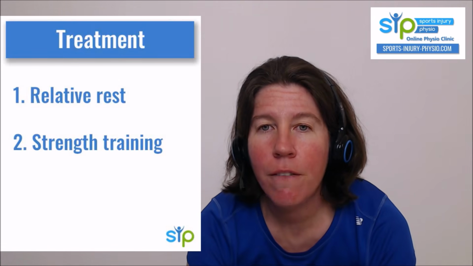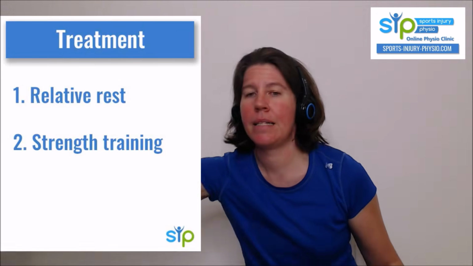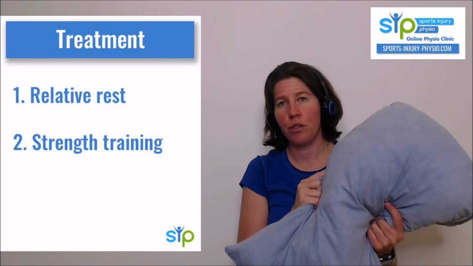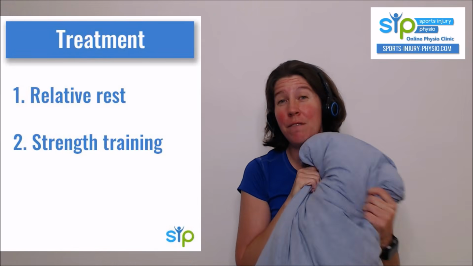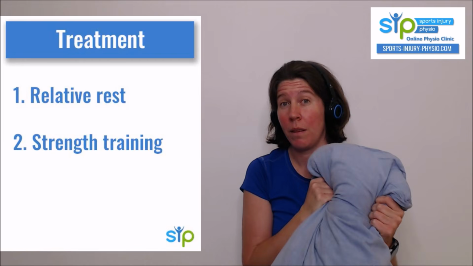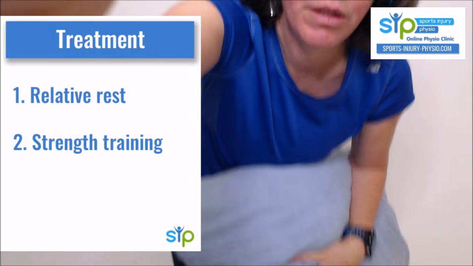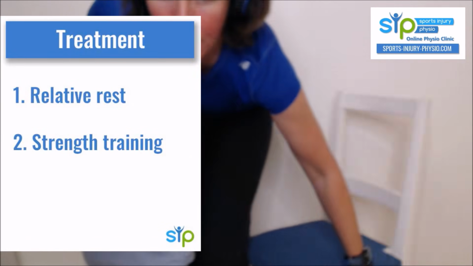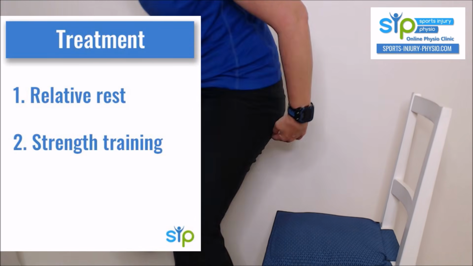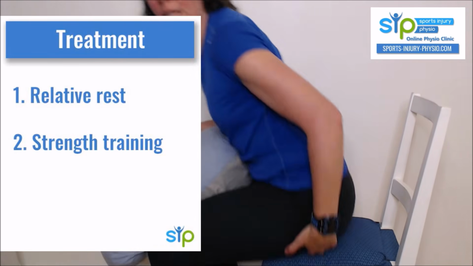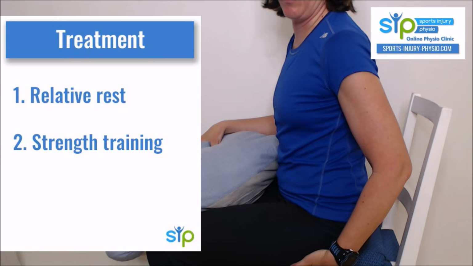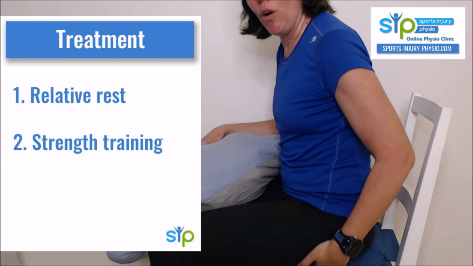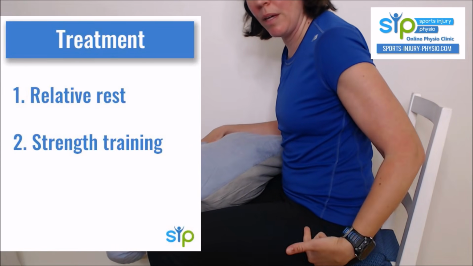Something that I find useful is using a very soft cushion. Ideally, I find feather pillows or feather cushions are the best. This one's not a feather one, but I'm going to bring this down so you can see the seat. If you think of the sit bone as being there, when you sit on it, it's directly underneath you. You want to take the pressure off that sit bone and off the point where the tendon is.